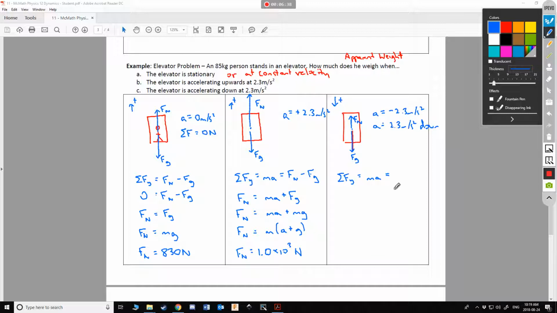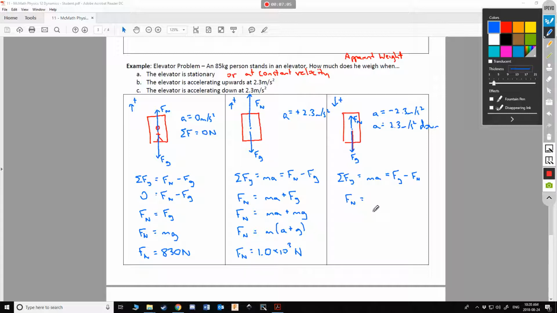So I'm already taking into account directions. Down is positive, so I'm going to end up with Fg minus Fn. If down is positive, that means my acceleration is positive in the downwards direction. Fg is positive in the downwards direction. Fn is opposing that acceleration. So that is Fn.